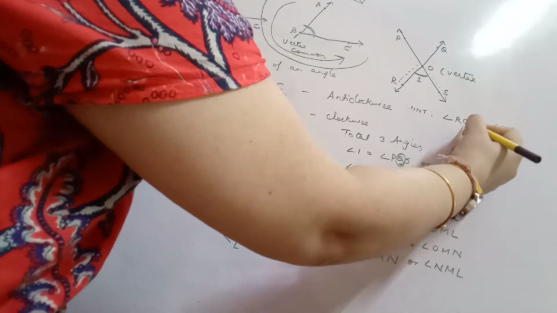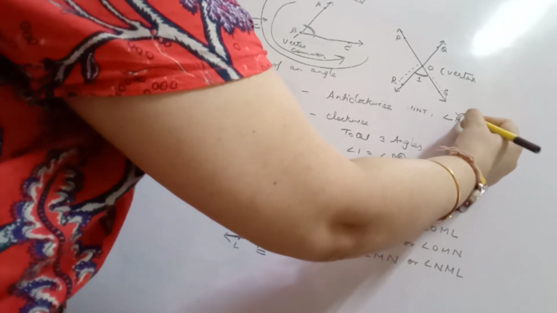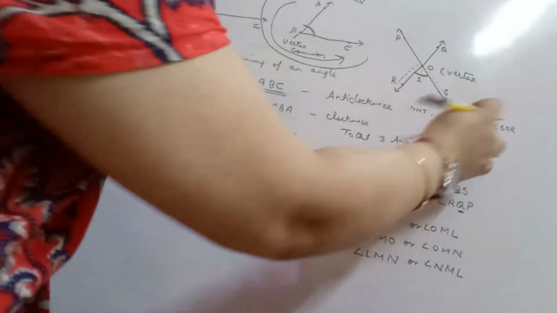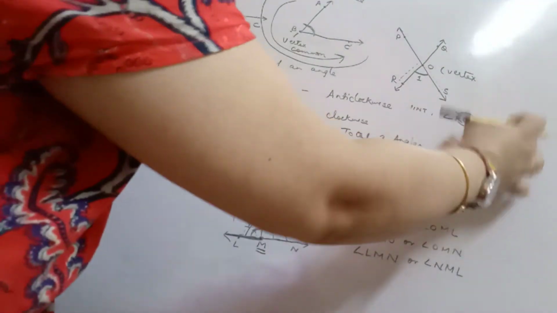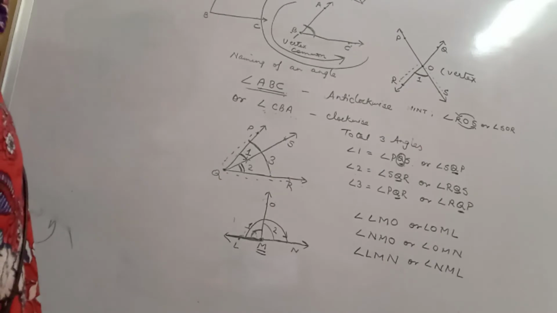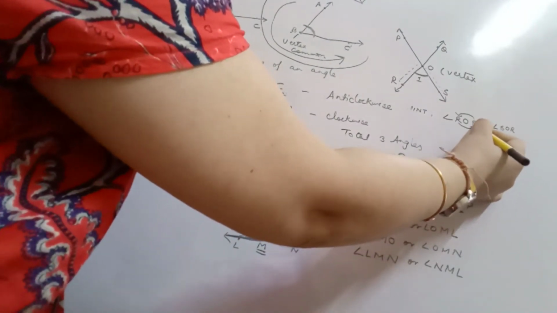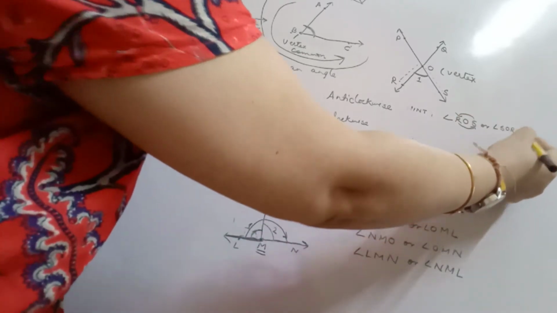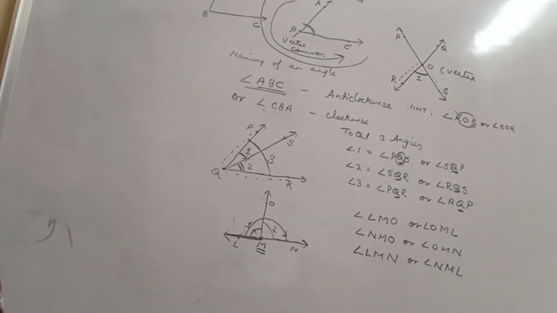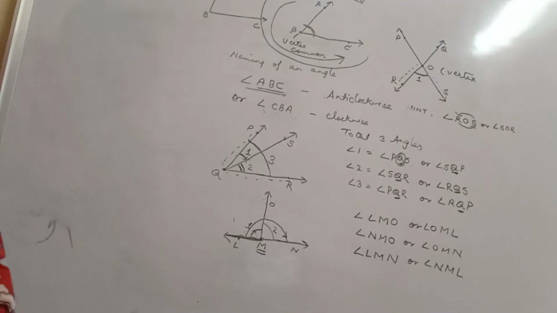So you just have to interchange the position of S and R and you will get the other name of the same angle. So R is placed later and S is placed earlier. So it is SOR. ROS and SOR.